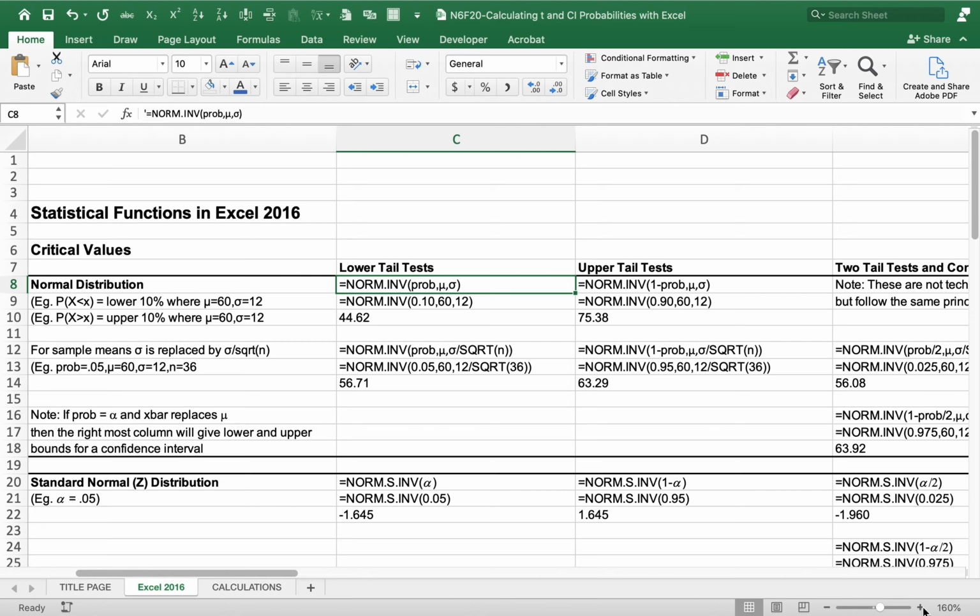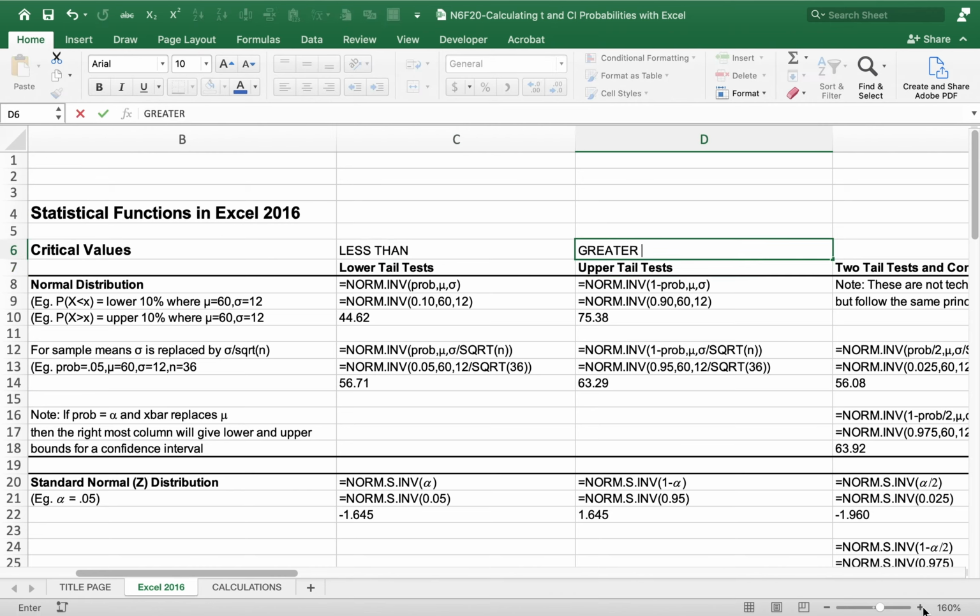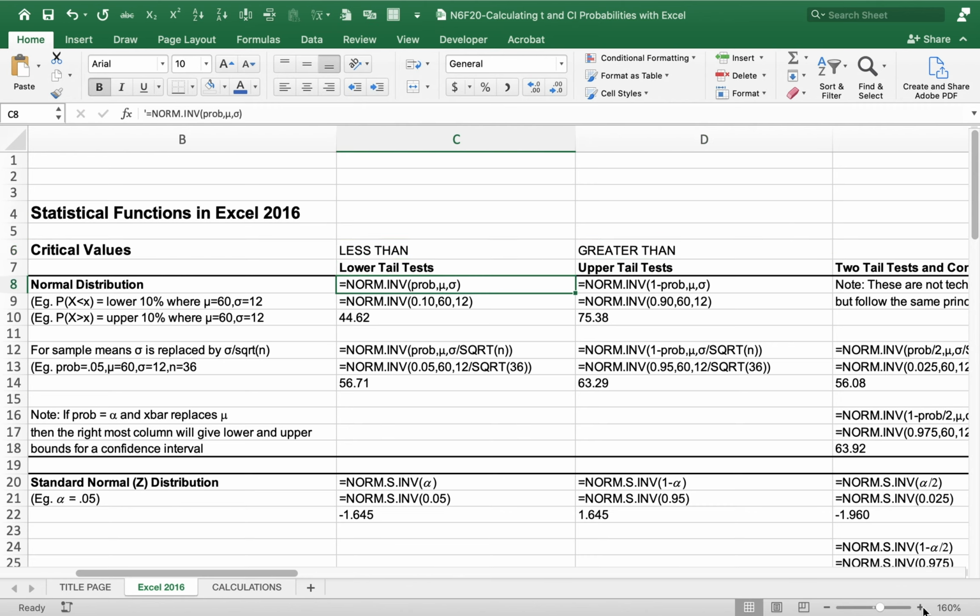We used the norm inverse function in Unit N. Again, you can think of these as less than and these as more than or greater than. When we were looking at the x value that has, say, 90% from some point down, you'd use norm.inverse and put in 0.9.